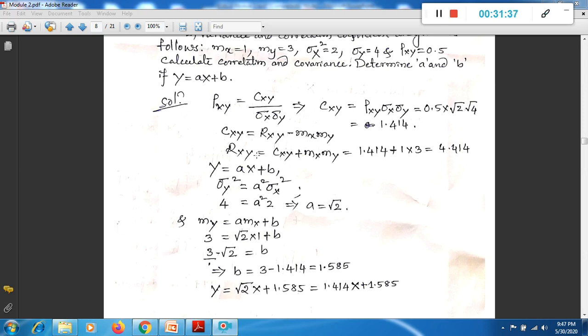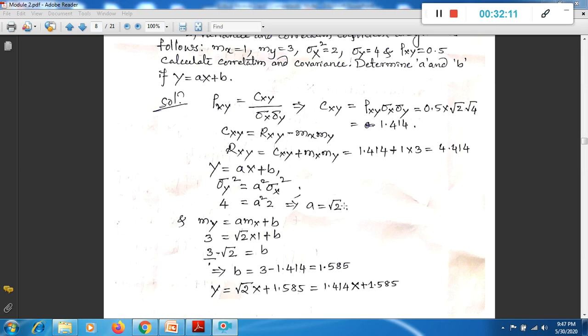So y is equal to ax plus b is given. We need to find a and b. If y is equal to ax plus b is the relation between y and x, we know that del y square is equal to a square del x square. By using that, del y square is 4 and del x square is 2. So this relation gives us the value of a.